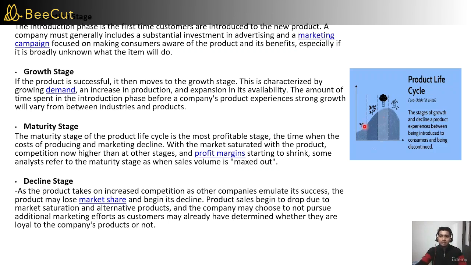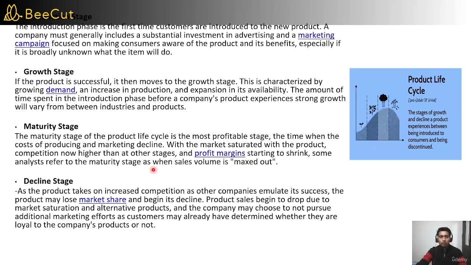And not just that, since we have spent a lot of time producing it, now we know how to produce that product at low cost, because we have been producing it for a longer time and have developed that knowledge and experience. When the market is saturated with the product, competition is higher than at other stages and profit margin starts to shrink. Some analysts refer to the maturity stage as when sales volume is maxed out.